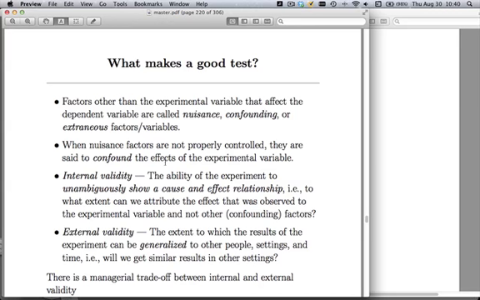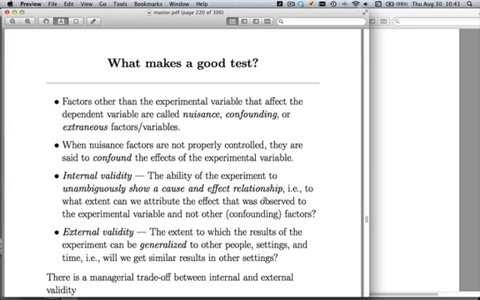So that would be another example of a confound. Now, this ability to isolate the cause to our X as opposed to a spurious factor is called internal validity. So internal validity is the ability of the experimenter to unambiguously show a cause and effect relationship. So if we see an effect, it's due to the thing we're manipulating. It's not due to some confounding factor.